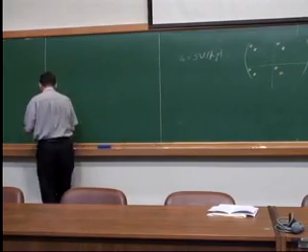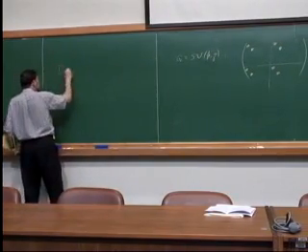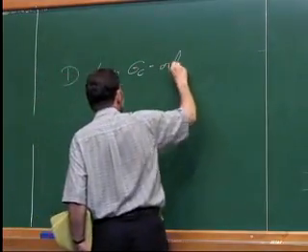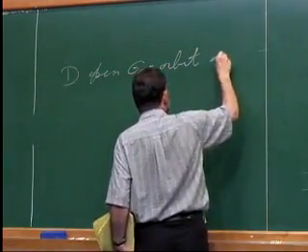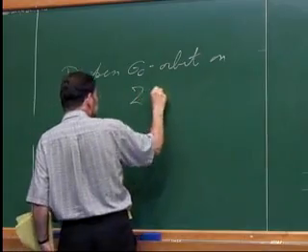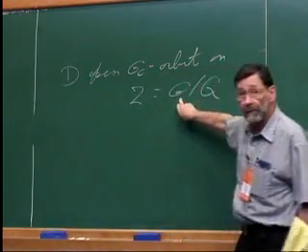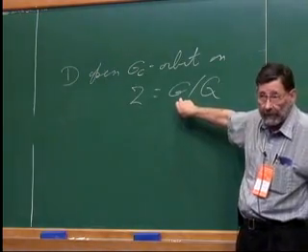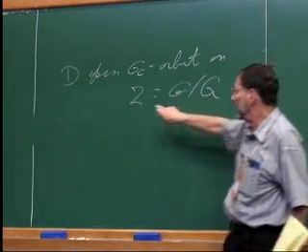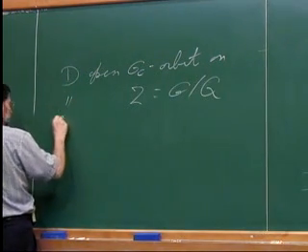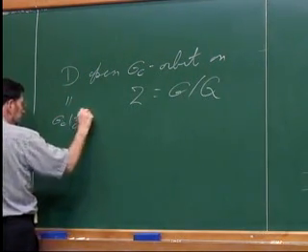You have an open orbit on a flag manifold. So this is a complex semi-simple Lie group, parabolic subgroup, and this is an open G0 orbit, say G0 of some point, Z0.